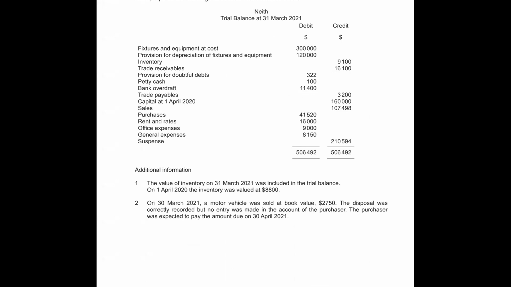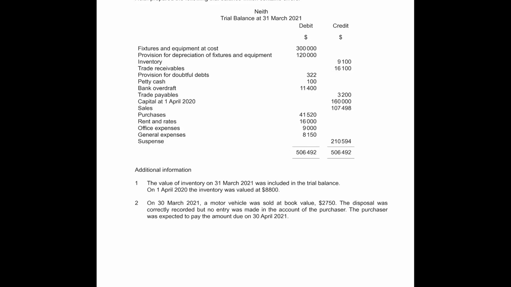First, we should understand the rule about the entries in the trial balance. Expenses have a debit entry, and assets have a debit entry. The liabilities and others have the other entry, that is to say, the credit entry.